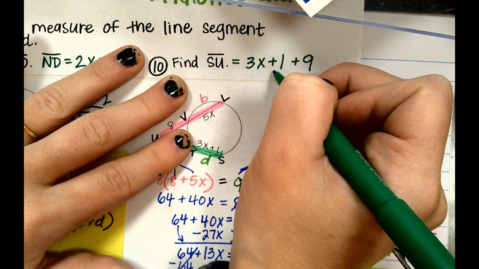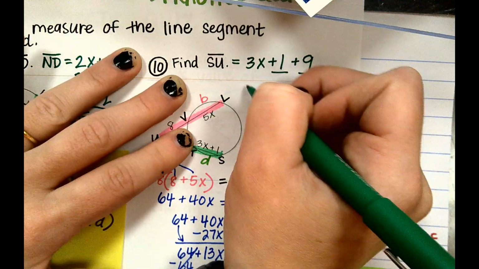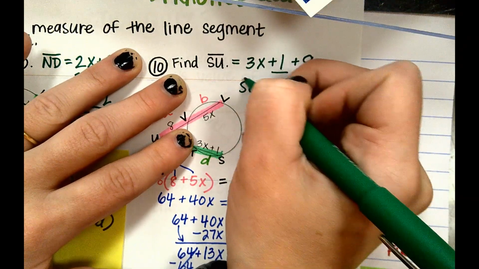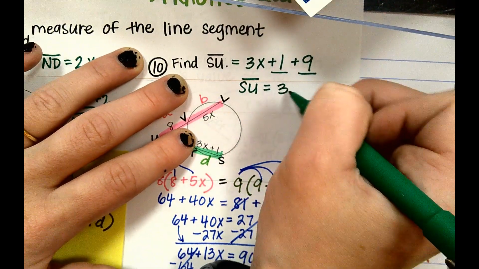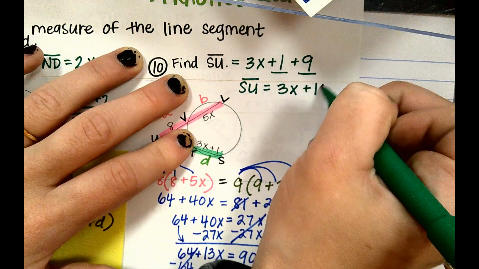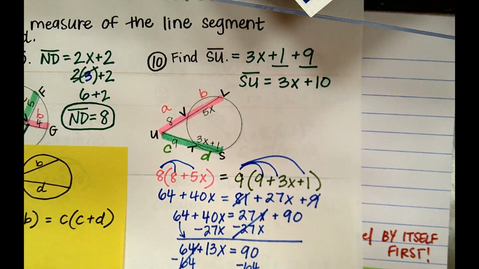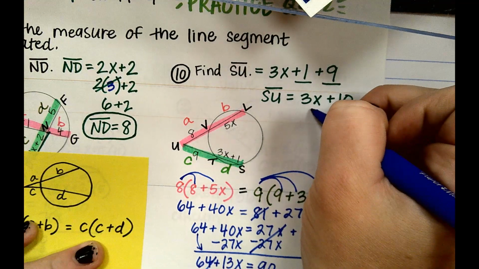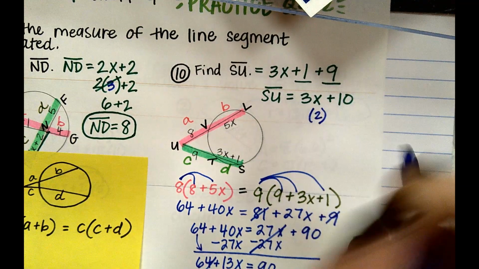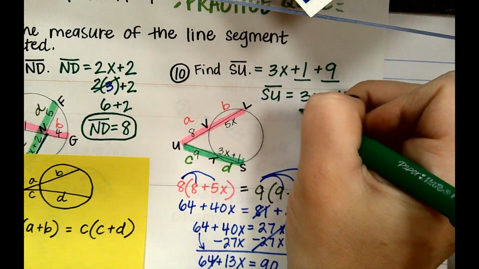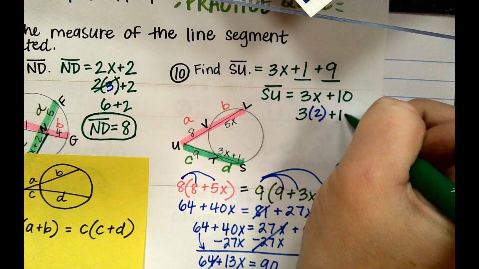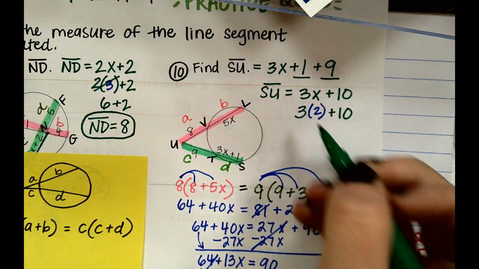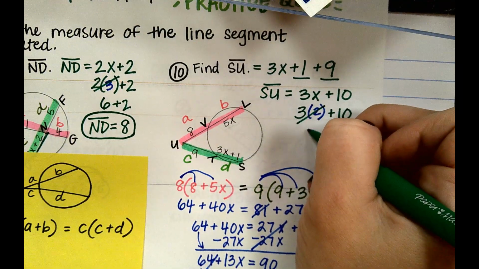And if I wanted to, I could go ahead and combine that 1 plus 9 and get SU equals 3x plus 10. And x is 2. So I'm going to plug in 2. 3 times 2 plus 10. 6 plus 10. Yes, that's 16.